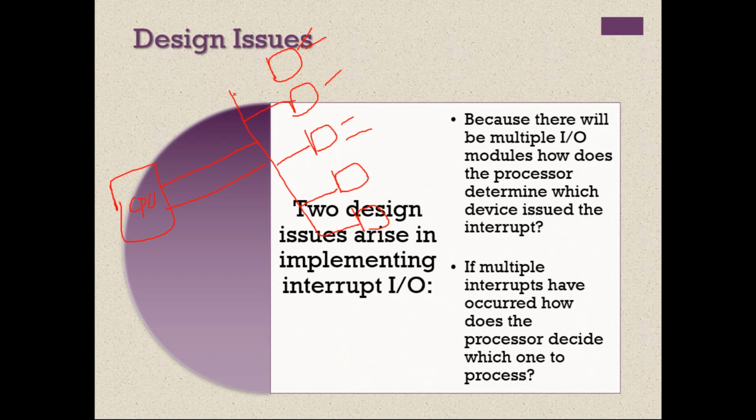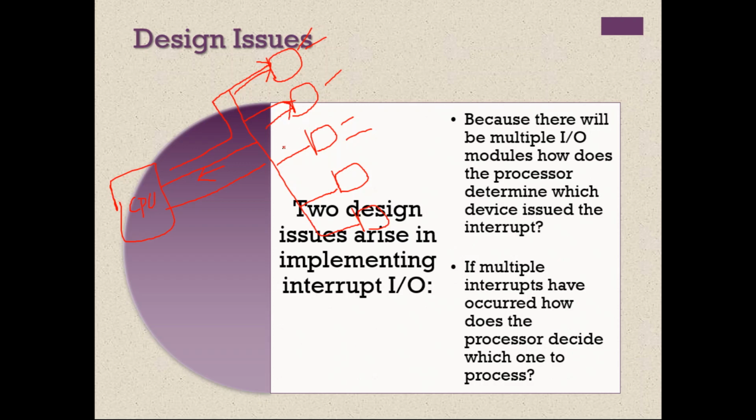Now, when an interrupt is created, the CPU will only understand that some IO is completed, but which IO completed, the CPU does not know. The software polling technique says the CPU should check one by one device, one by one IO module, whether this has created an interrupt. If not, then it should check the other device. Whether this has created the interrupt?